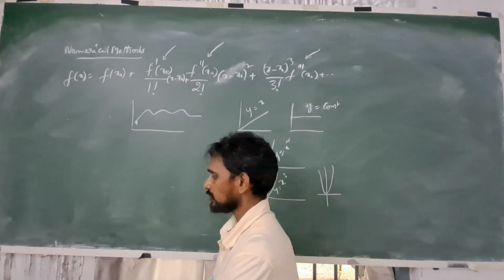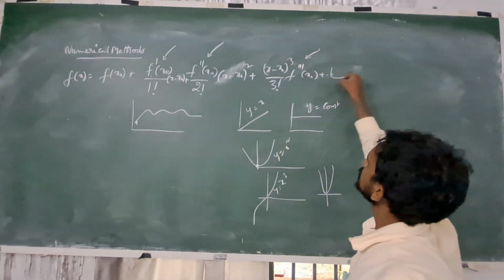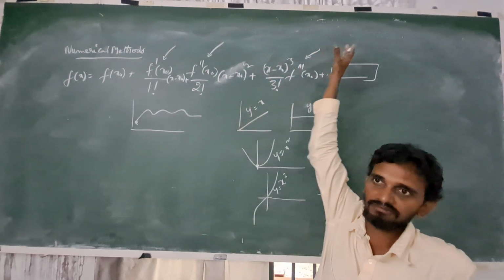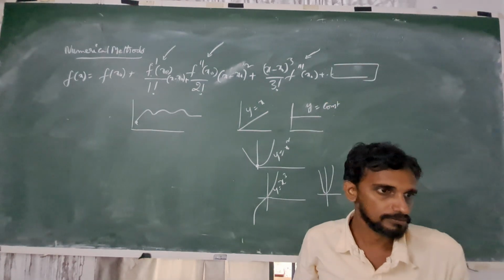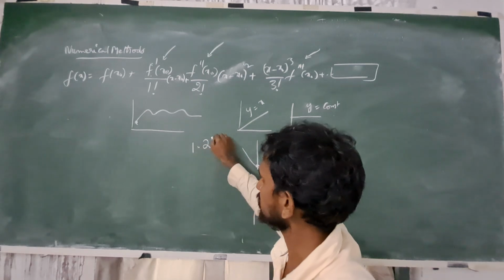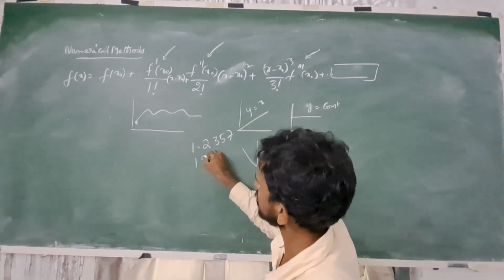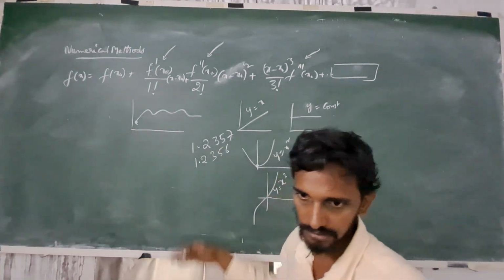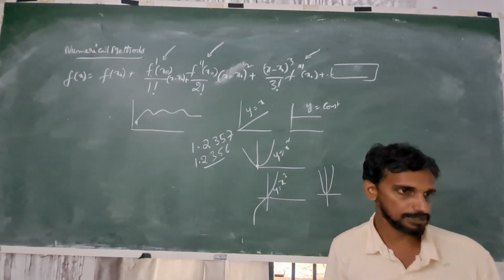Okay, so even if you expand this as a Taylor series, at a certain level of accuracy you don't need to consider higher order terms, right? So if your exact result is 1.2357, let's say, if you add some 3-4 terms and you get the result 1.2356, up to 3 decimal points your result is accurate.